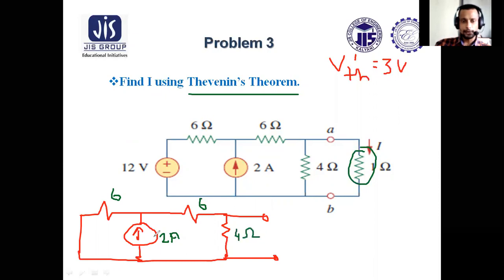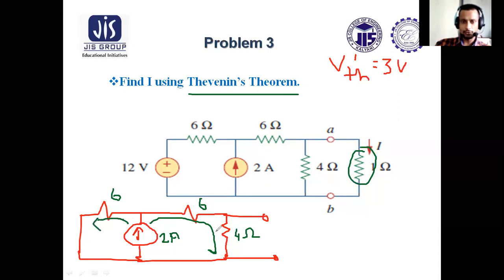Okay. Now see, a current will be flowing through this path. So 6 and 4 will be in series. No current can flow through the open circuited path. 6 and 4 are in series, and with 6 and 4, this 6 is in parallel.